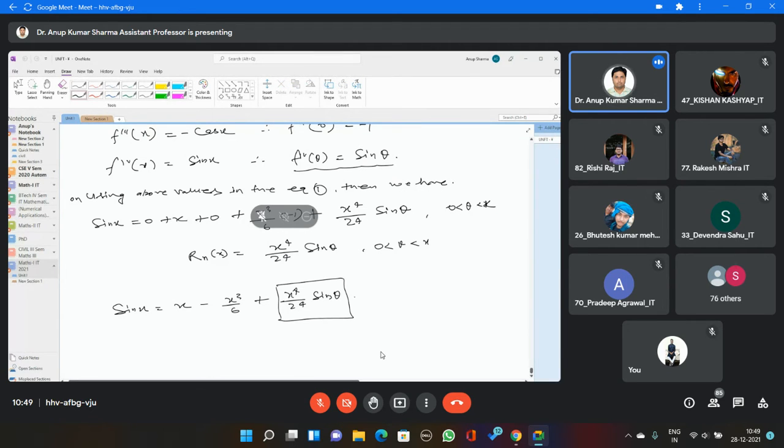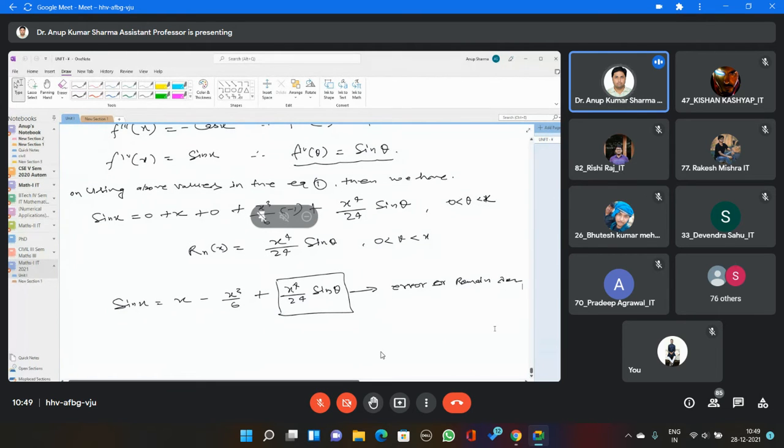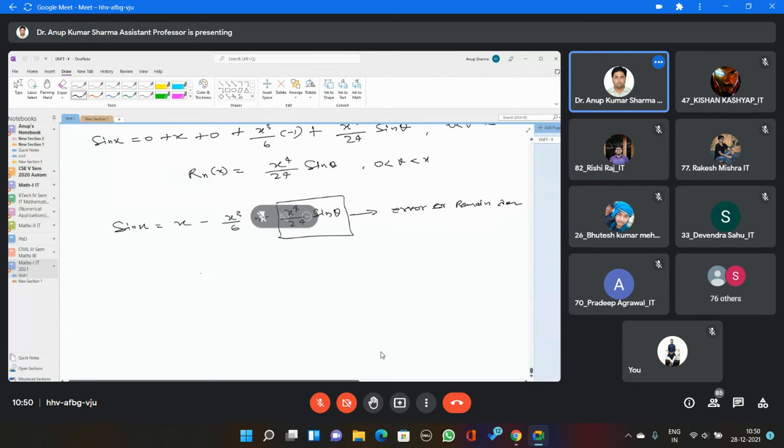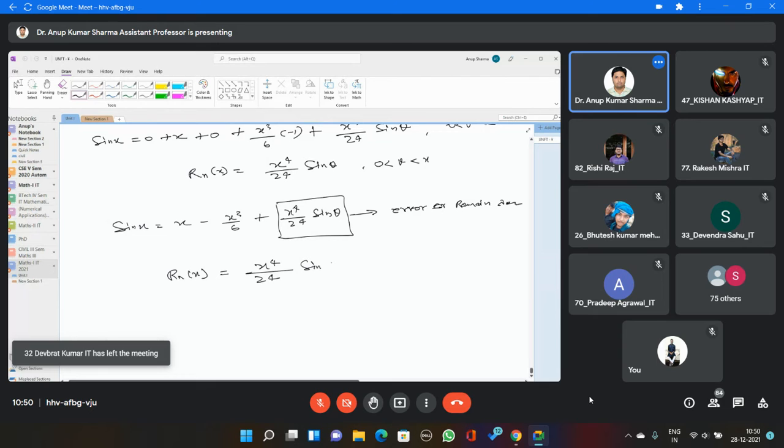This one is the error or remainder. Rn of x is equal to x power 4 upon 24 sin theta.